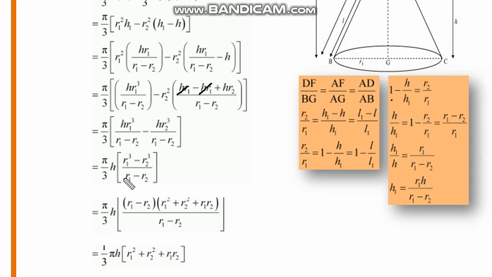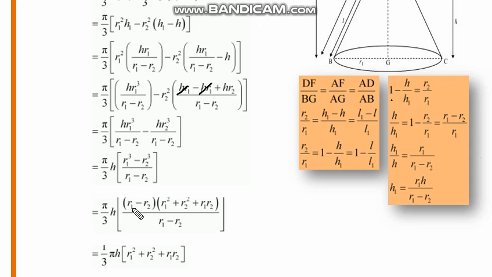Here R1 minus R2 is common, so taking the LCM, the remaining is R1 cube minus R2 cube, and H is common, taken outside. This is under the a cube minus b cube identity, which is a minus b times a square plus b square plus ab.